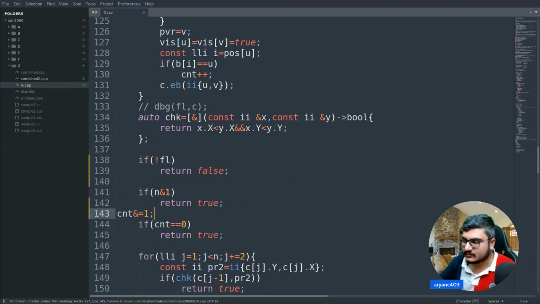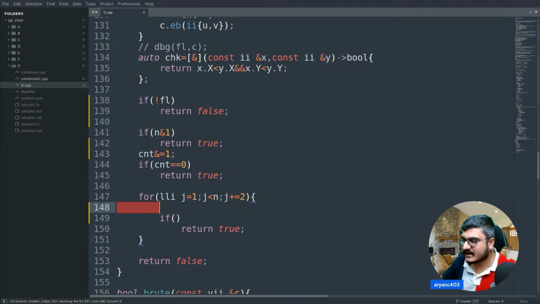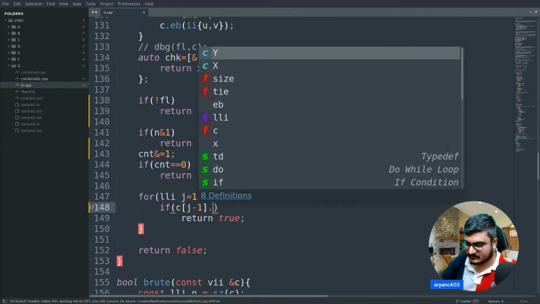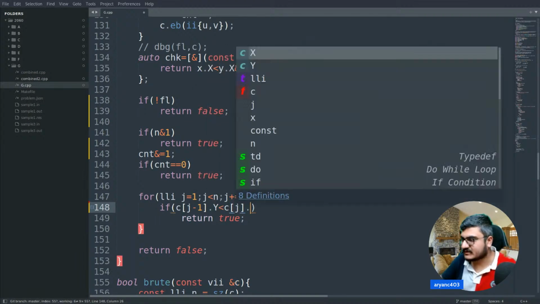Otherwise, now we have to flip one of the suffix as well. So what I do is for each odd length suffix, I try to flip one adjacent pair there and check if that is greater than that or not. Or alternatively, we know the numbers are in increasing order only. Cj minus 1 dot y is less than Cj dot x.